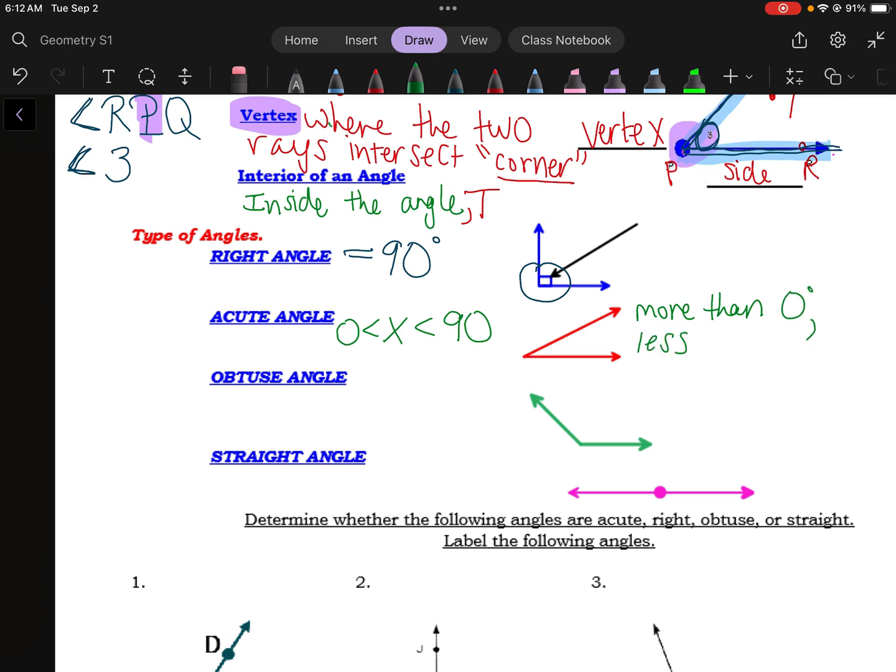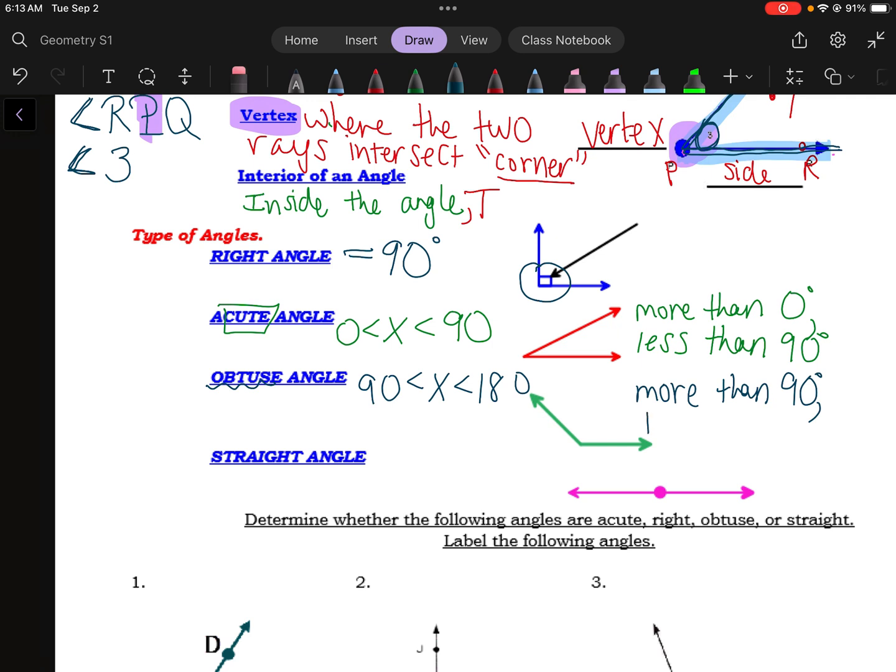We can think of it like, oh, it's so cute. It's small. Obtuse is the opposite. We're talking about an angle that's more than 90 and less than 180. So it's more than a right angle, but less than a straight angle. And the last one, a straight angle, is exactly 180 degrees. It forms a straight line.